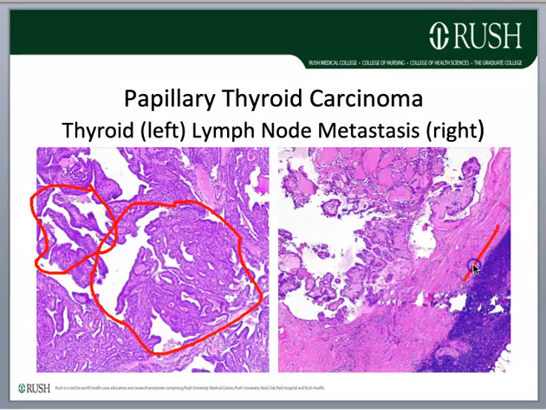You can see the residual lymph node that's here in the lower right-hand corner. And similar morphology when you compare the metastasis with the primary tumor. So that's one way we know that the metastasis has come from the thyroid carcinoma.